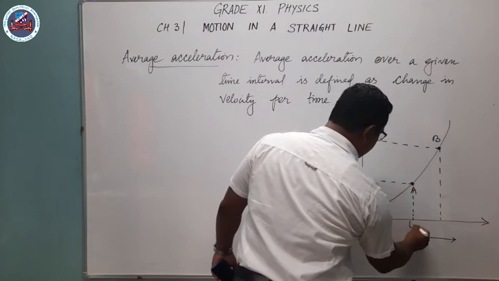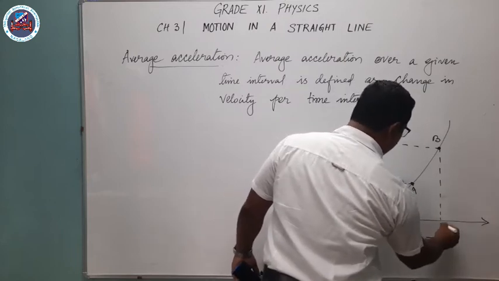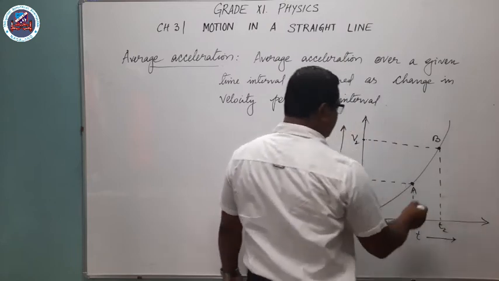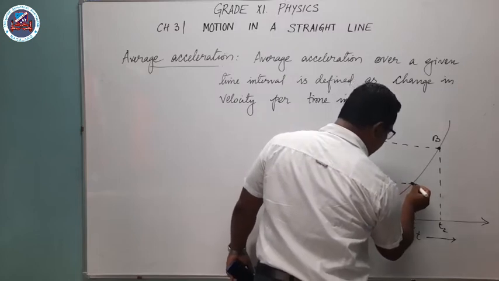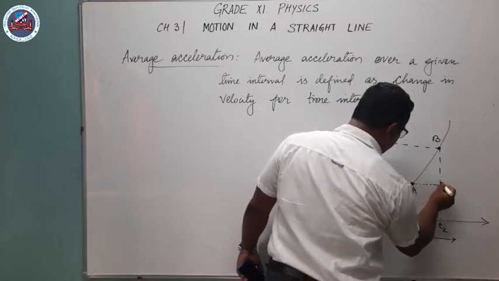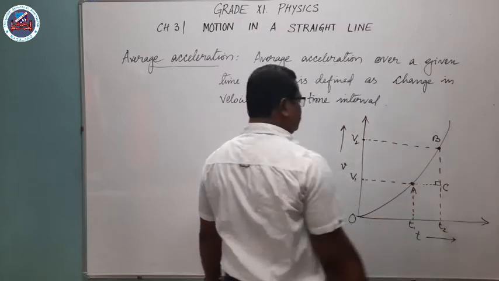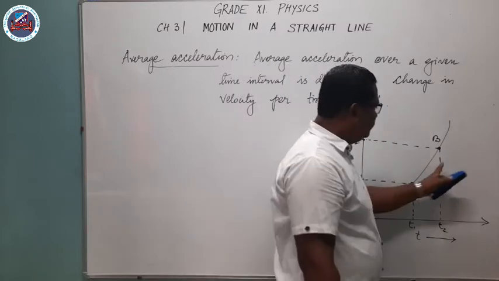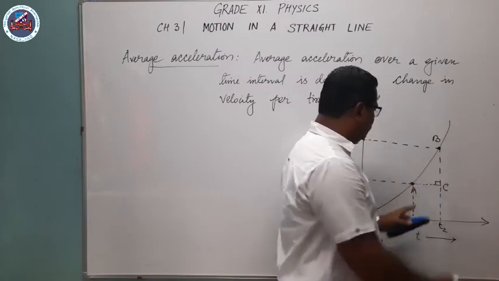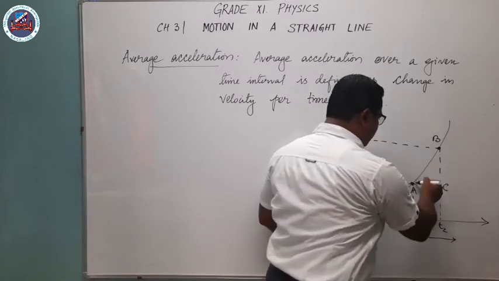Here suppose initial time T1 I will mark, and here final time T2. Then if you extend this line and draw a 90-degree angle here, let me mark it as C, this is a right-angle triangle.